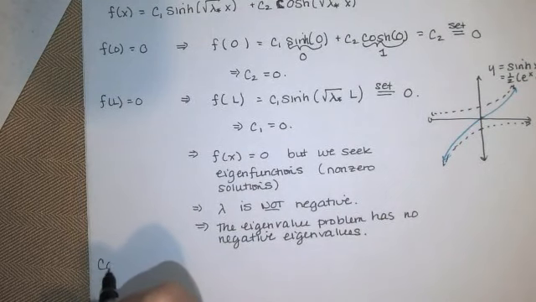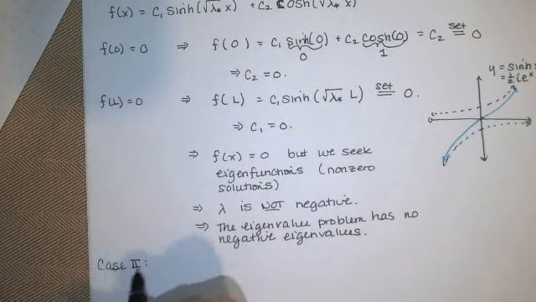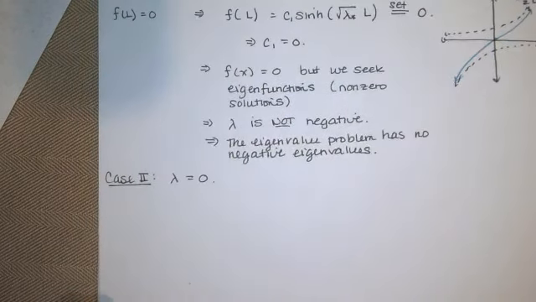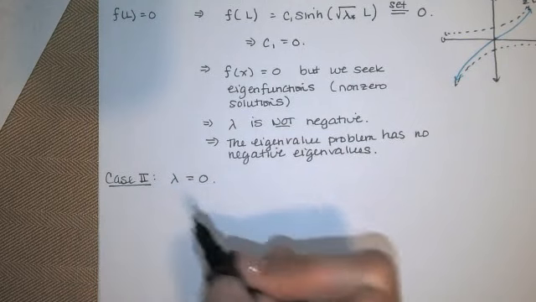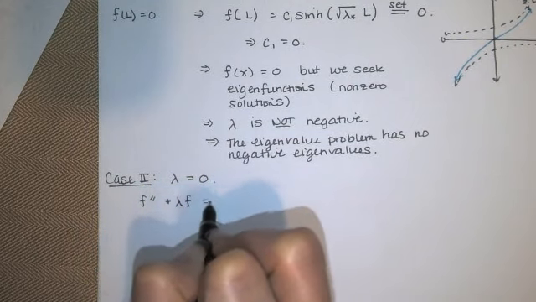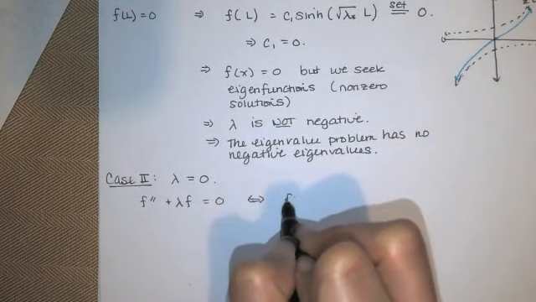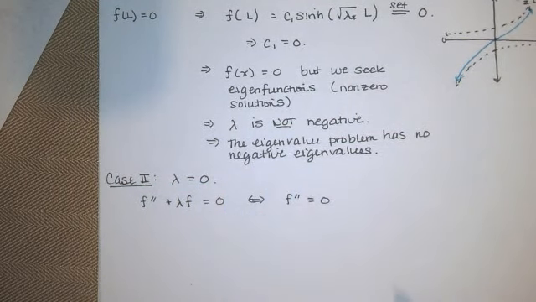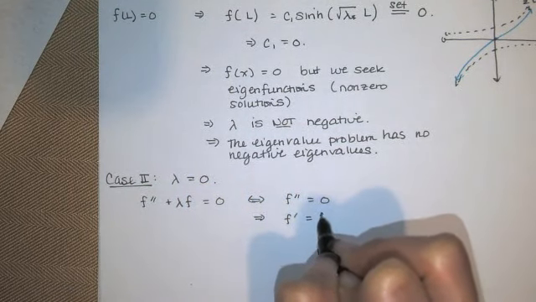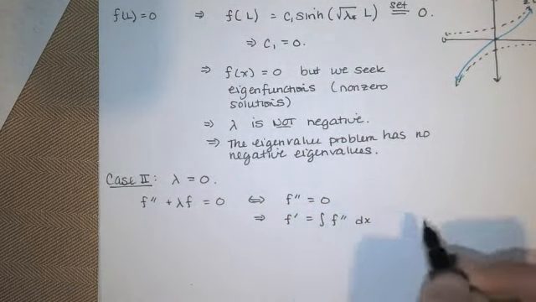Now let's look at the second case. Let's look at the case when lambda is just 0. In that case, f double prime plus lambda f equals 0 just simplifies to f double prime equals 0. Now, if I want to find f, I'll just anti-differentiate twice. F prime is the antiderivative of f double prime.